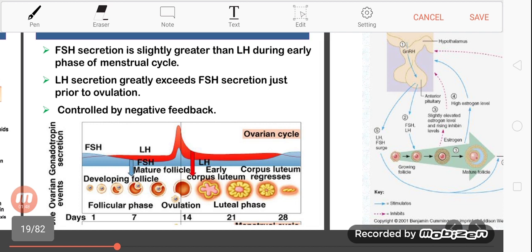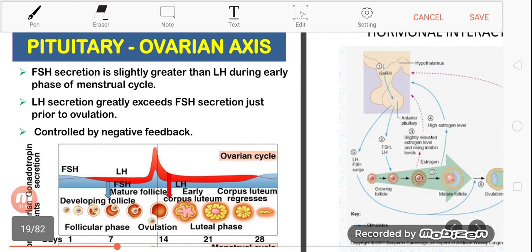Then a bit later, LH secretion greatly exceeds FSH. The LH secretion prior to ovulation will influence the secretion of estrogen, or sex steroid hormones, in the cycle. And this hormonal regulation is controlled by negative feedback.